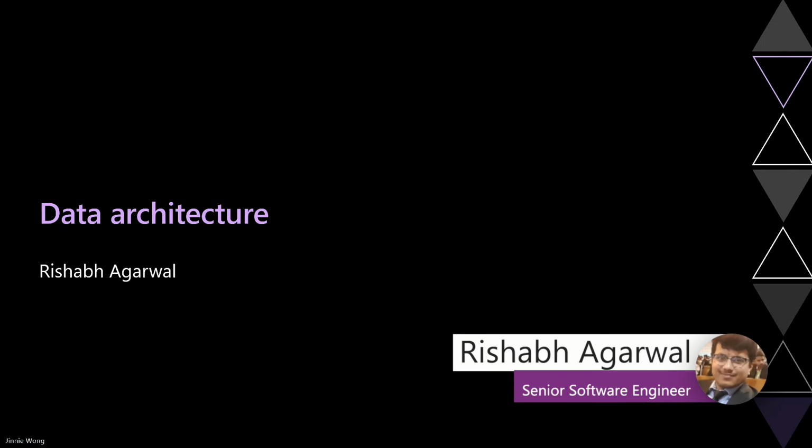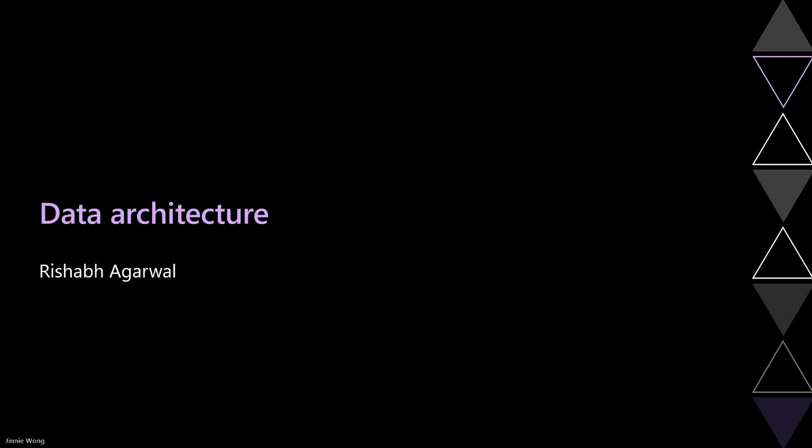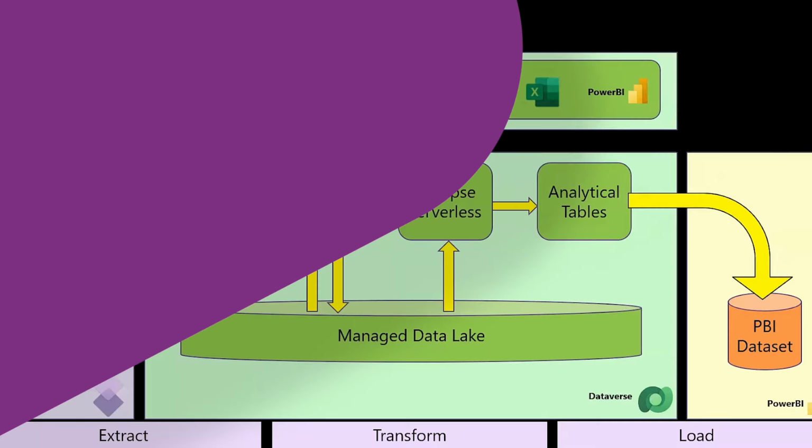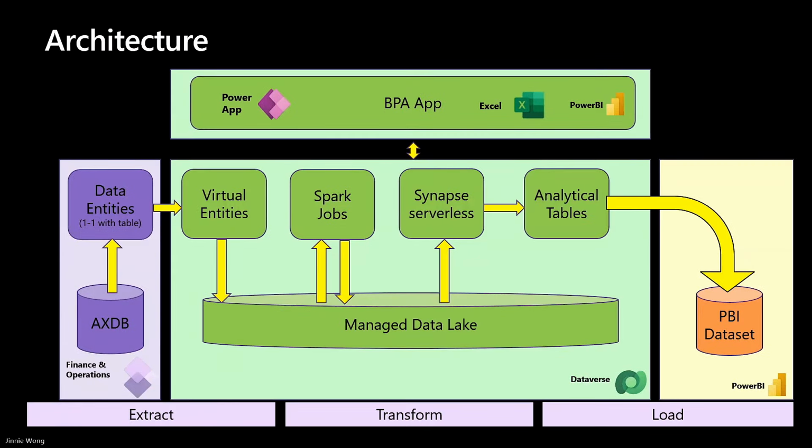Thanks, Jenny. So now, as we have gone over the process architecture and we understand what BPA offers, let's deep dive into the data architecture. So over to the next slide. The overall data architecture for BPA contains 2 components, which are the ETL pipeline and the model-driven app, which is used to surface the reports and the insights we have seen in the process demo earlier.